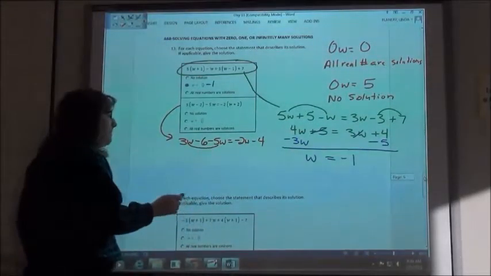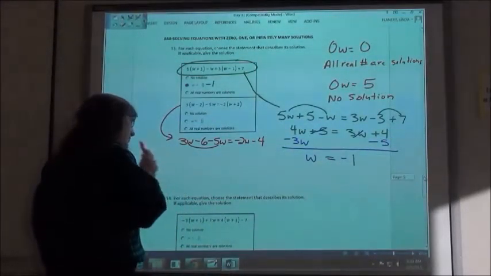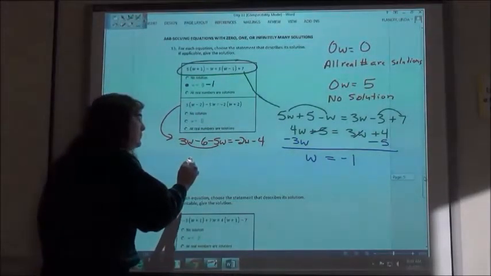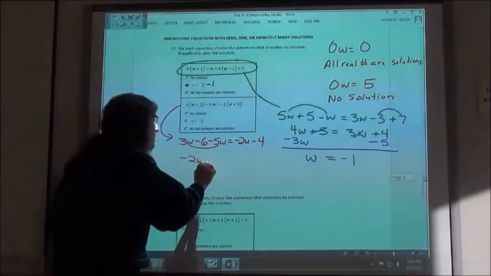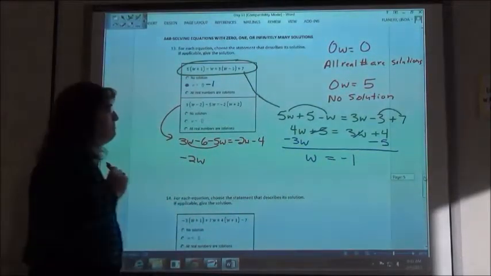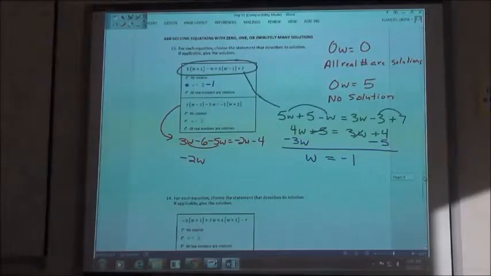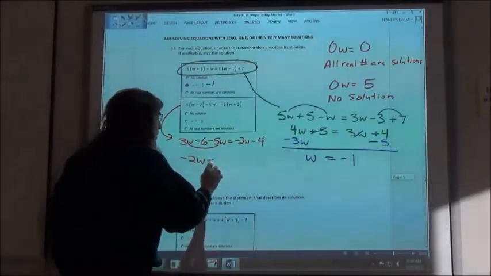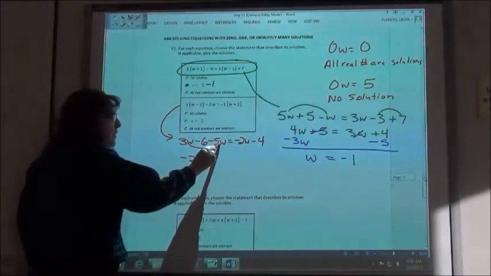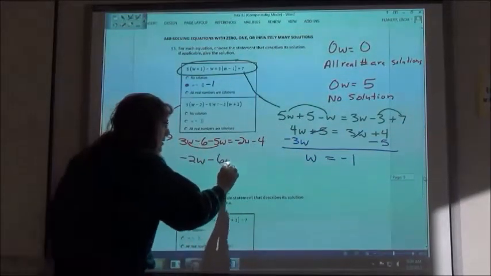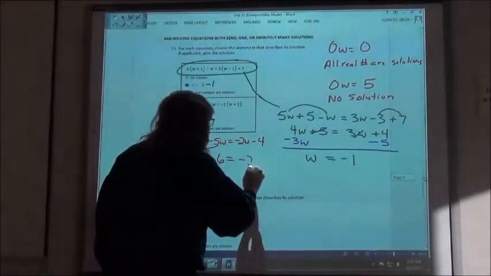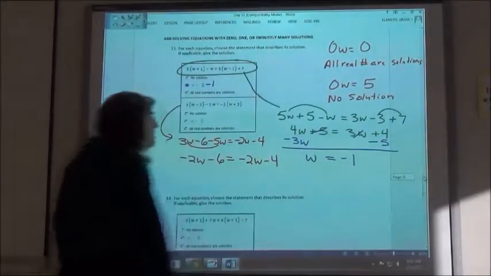I think you better go with the 3W and the negative 5W first. Right? Yep. So you get negative 2W. That's right. So it's gonna be negative 6 minus 2? Is that it? So you're going to have negative 2W minus 6. And that's all we have on that side. Equals negative 2W minus 4, right?